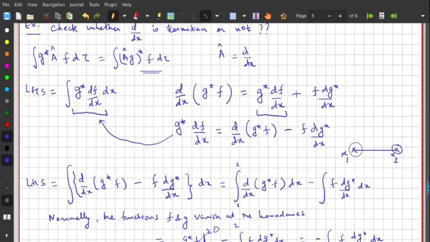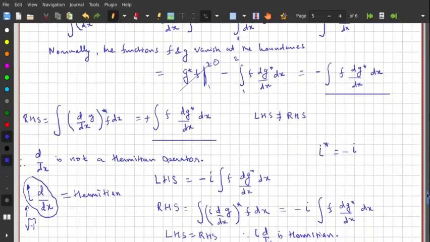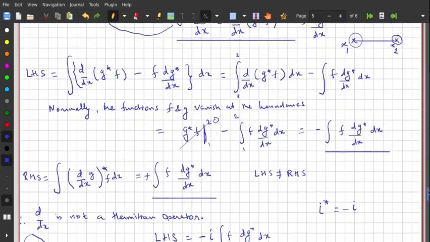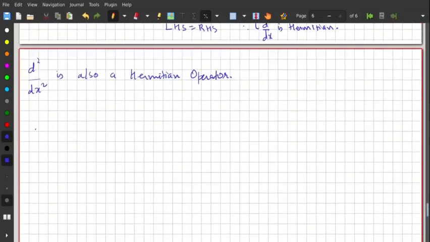The step that we did was basically integration by parts in disguise, and we have to do this twice, so we pick up an extra minus. That minus sign will be absorbed, so when we compare the LHS and RHS, both will be positive, and hence we can show that the second derivative operator is a Hermitian operator.